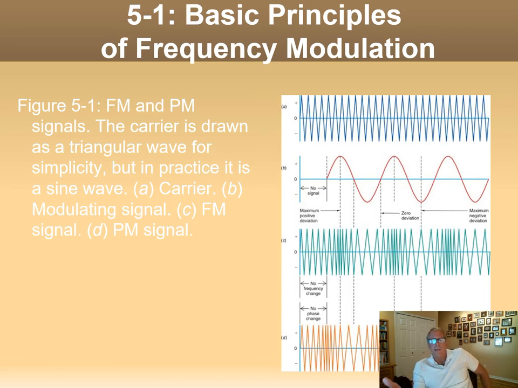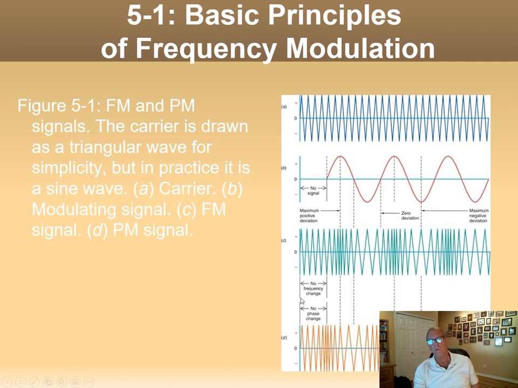But what's interesting, I think, is that the phase lock loop that demodulates the FM signal, whether you're doing frequency modulation or phase modulation, doesn't care. It works the same way either way. It'll demodulate both of them, so it doesn't know the difference.